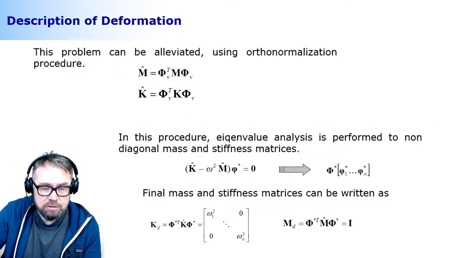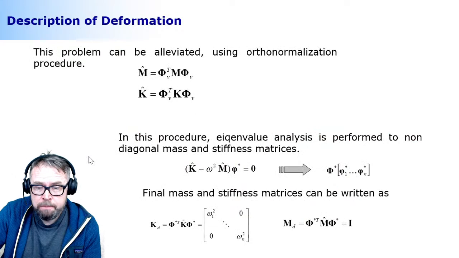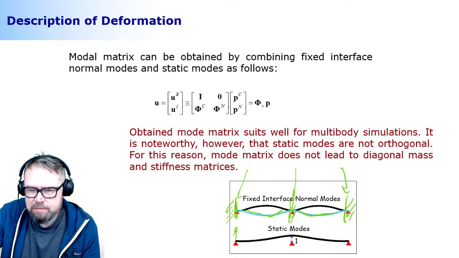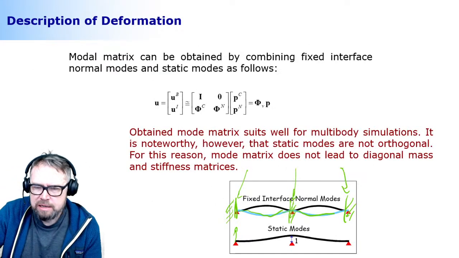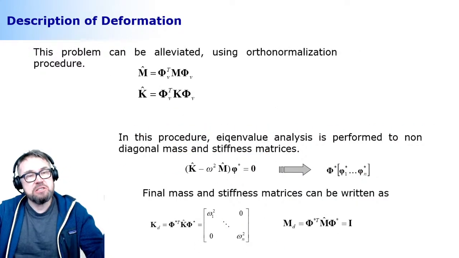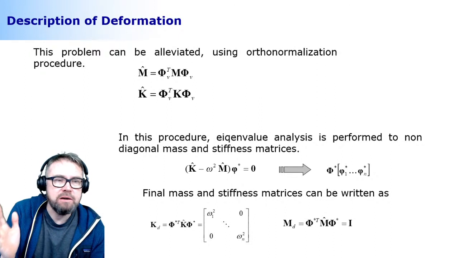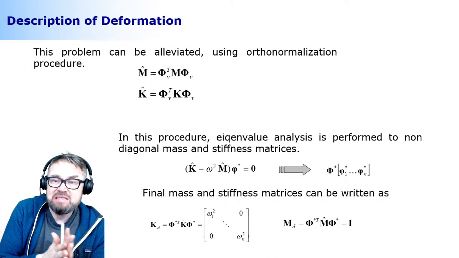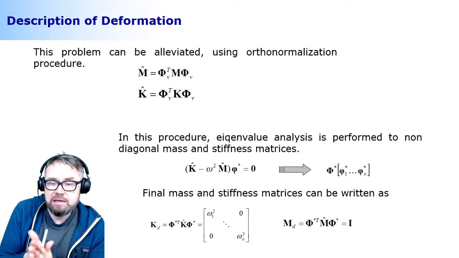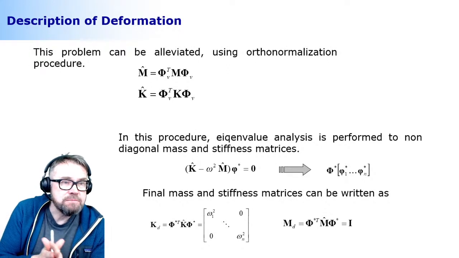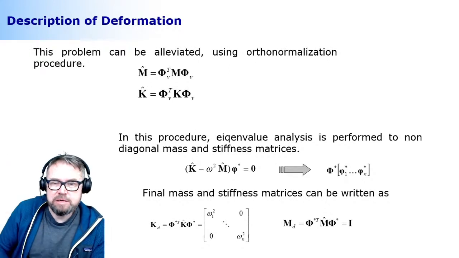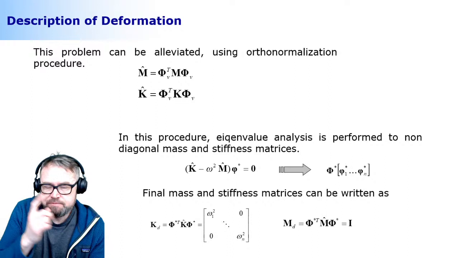I combine these two sets, my fixed interface normal modes and my static correction modes. Now you can apply that to a wide variety of applications because it's flexible enough to handle local deformation and also global deformation. That's the advantage of the method.